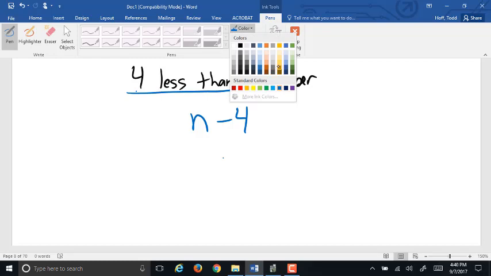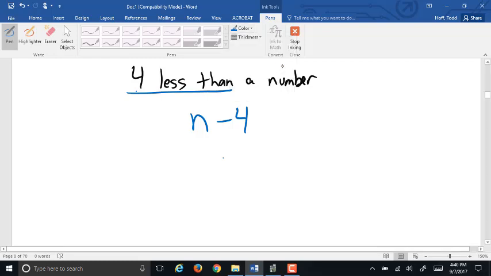Now, a little side note here, a very subtle difference would be this phrase: 4 is less than a number.